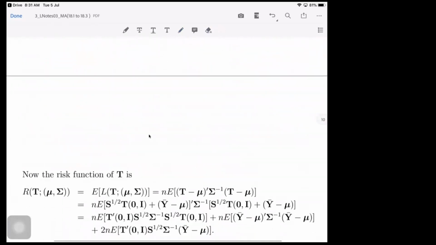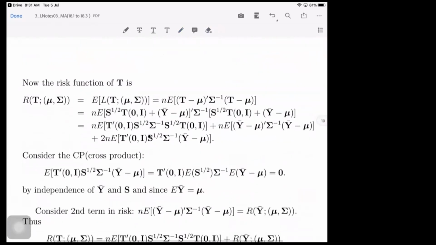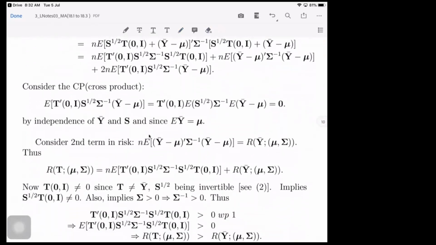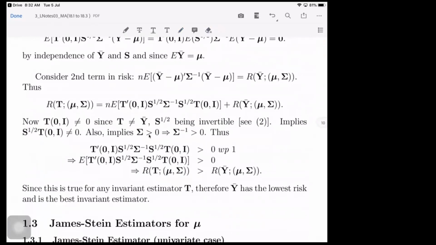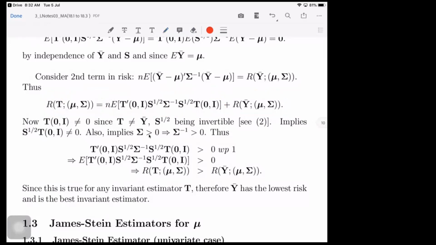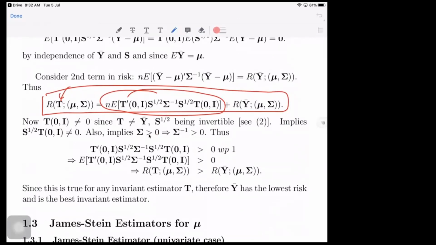So this is the proof of how you computed the risk of another competing estimator, and we see that the risk of any other competing estimator will be a function of a positive term plus the risk associated with your y bar.